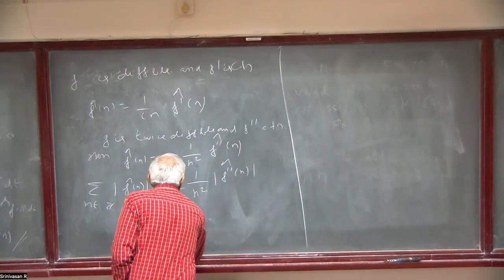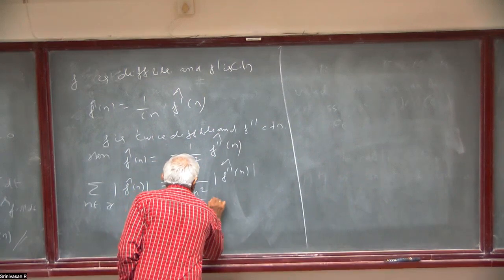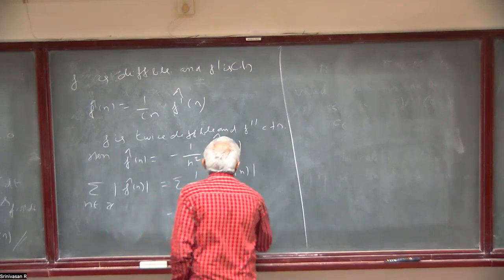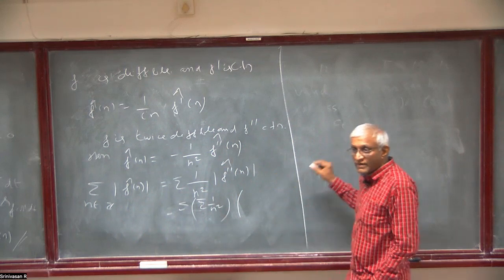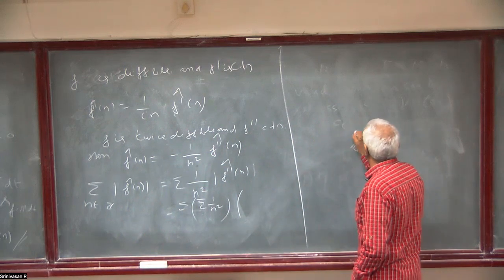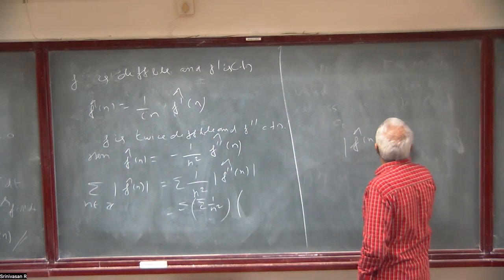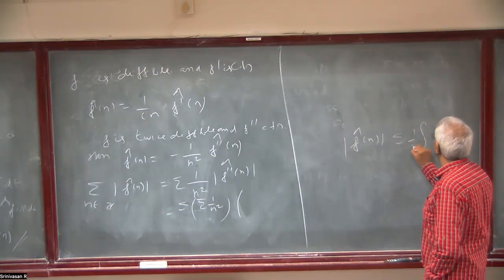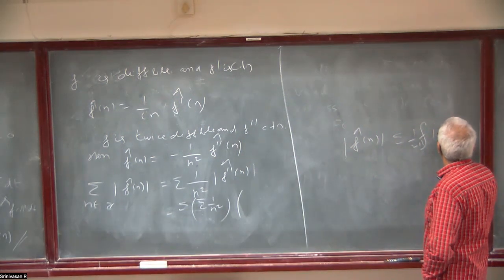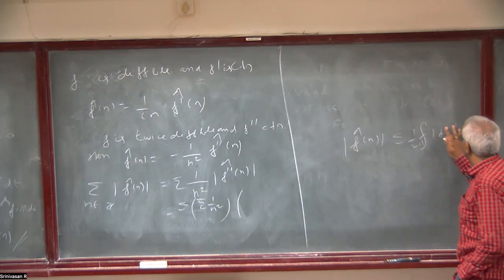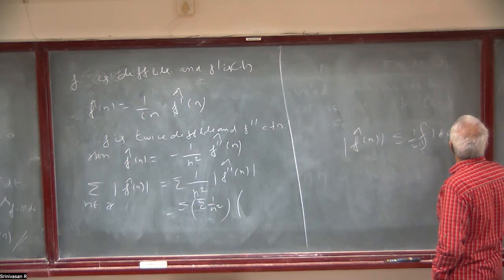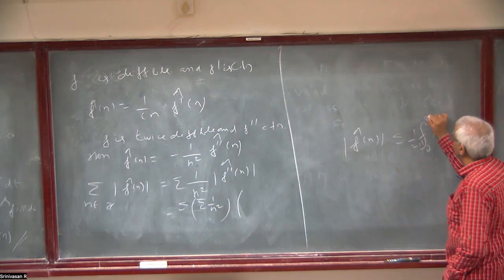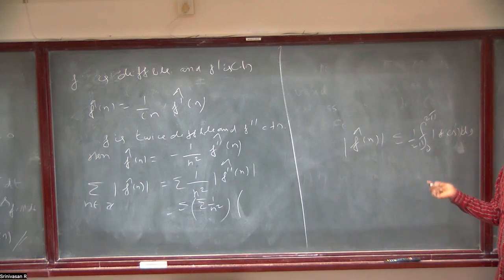And this is bounded by less than or equal to summation of 1 by n square into, for any Fourier transform, this is true. Mod of f hat n is less than or equal to the integral of 1 by 2 pi mod f ds, which is the L1 norm.